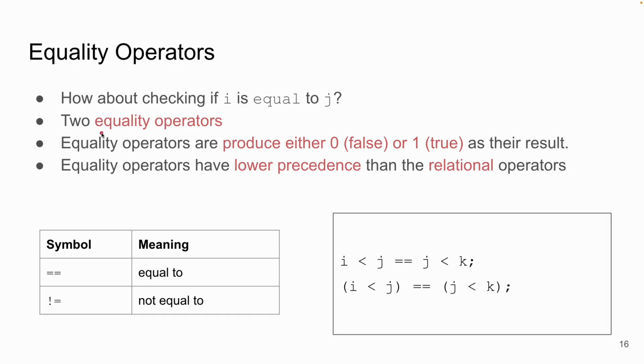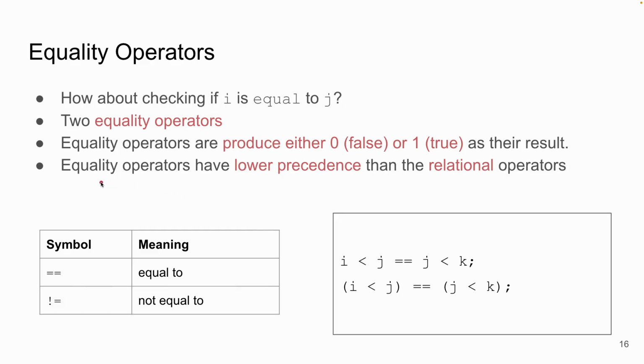There are just two equality operators: the first one is equal to, and the second one is not equal to. If we want to use not equal to, we just add this mark instead of the equal mark. Again, the equality operators will produce 1 or 0 to indicate whether the comparison is true or false.